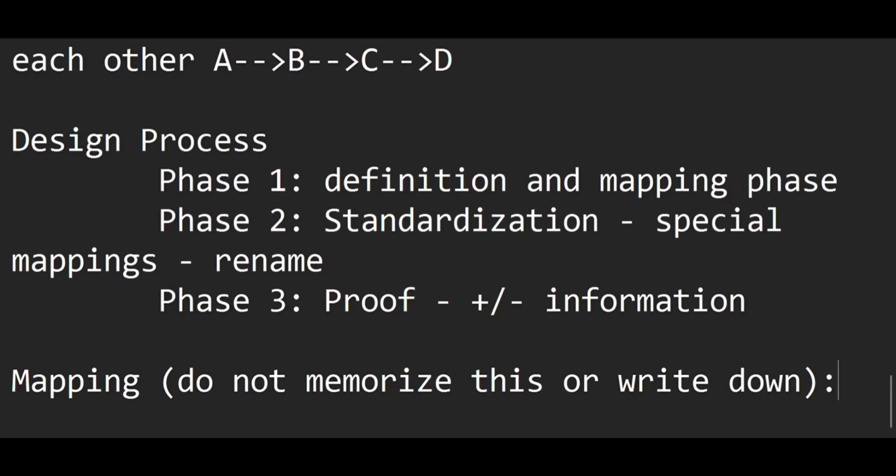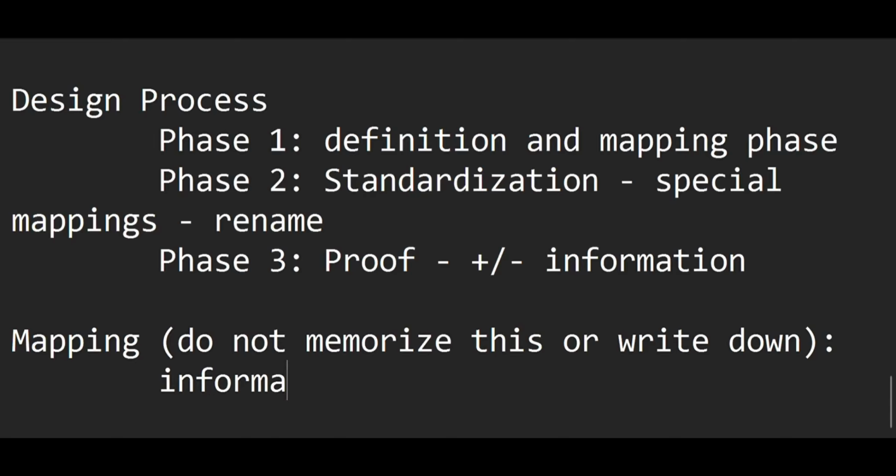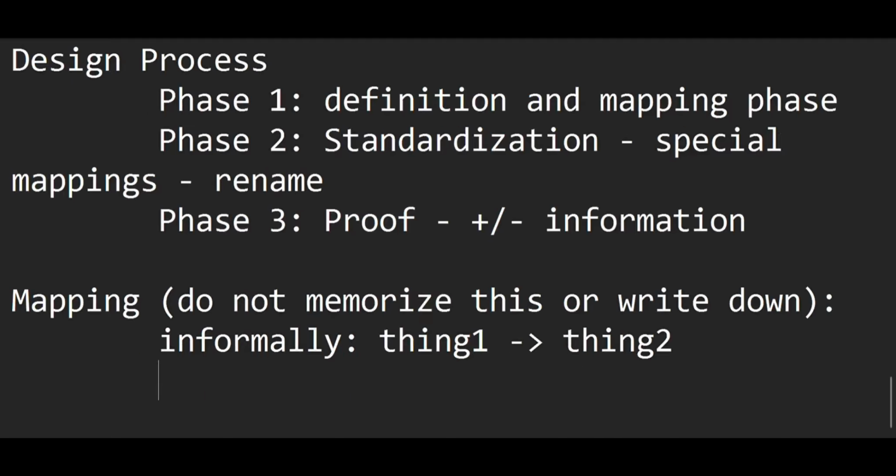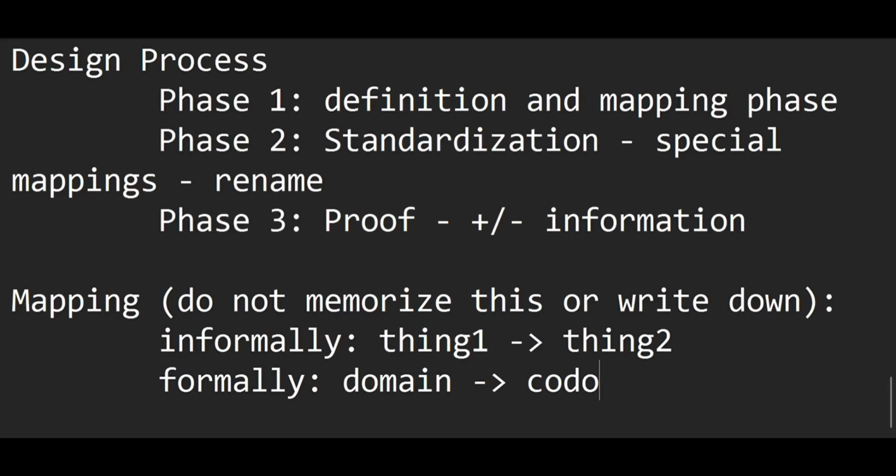So in a mapping, remember, informally, it's going to be thing one, arrow, thing two, right? Formally, however, wherever the arrow is coming from is called the domain. That is where the arrow is originating from. And wherever the arrow is going to, that is called the codomain.